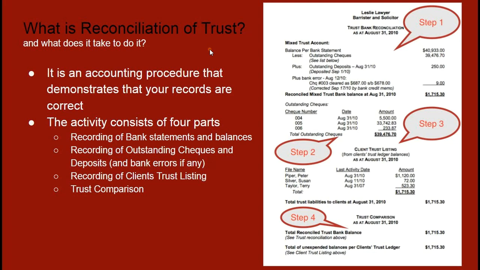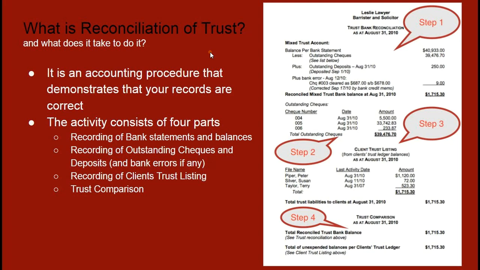The third step is now recording of your client's trust listing. So this is done at your end. Step 3, importantly, is done at your end, where you, of course, have a list of clients. You would then have to have a list of all the money that you've received from this client, all the money that has been taken out of that trust account, and the remaining trust balance for each client.